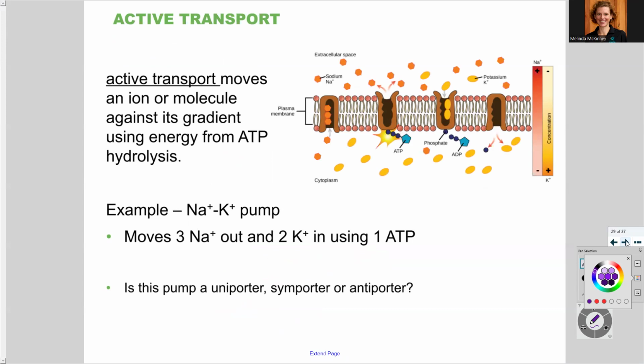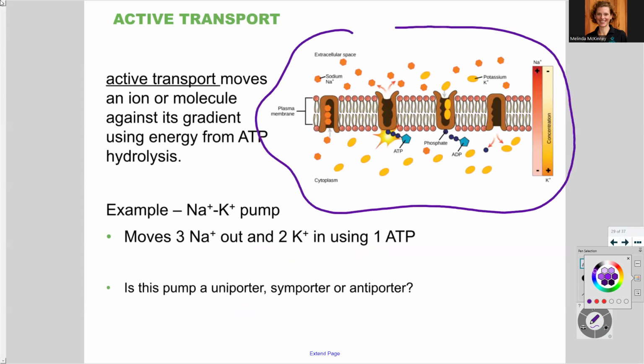So what I wanted to show you here, this diagram is looking at active transport. And so it's similar to the other one, but I like the fact that we've got multiple proteins shown in the plasma membrane, right? And it shows that process of using the ATP here, getting the energy out and transporting it. It also shows the gradient over here. So here's the sodium gradient.